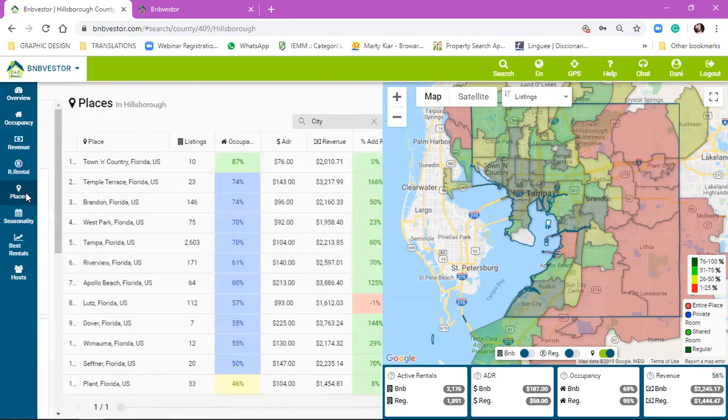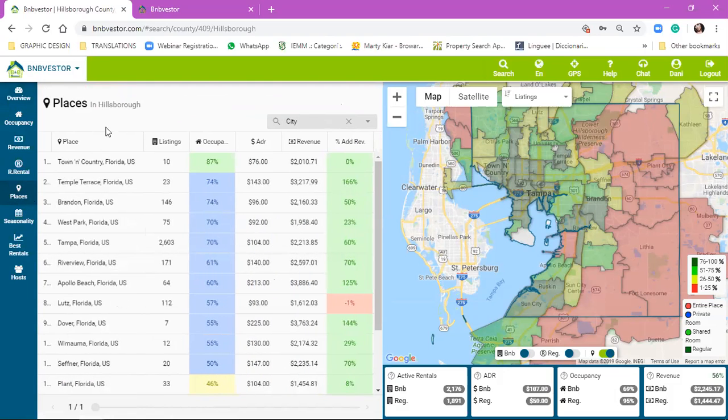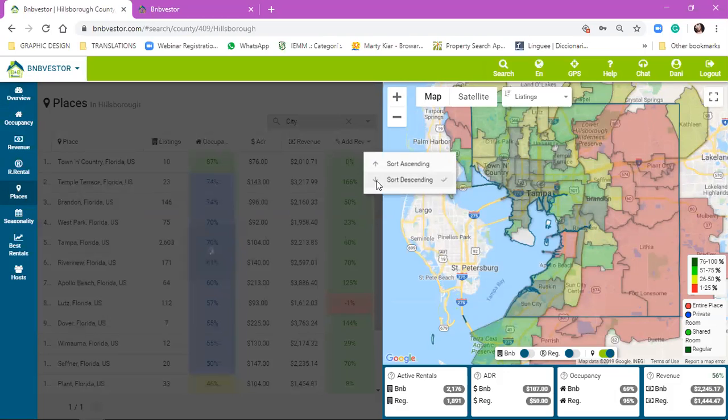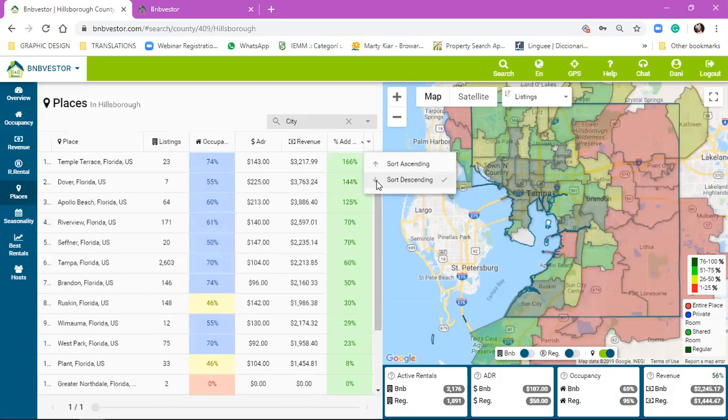I'm going to go ahead and click on places again, and I am going to sort this descending so we can see what cities now have the highest average daily rate. So we have the first, Temple Terrace, Dover, Apollo Beach, and Riverview.